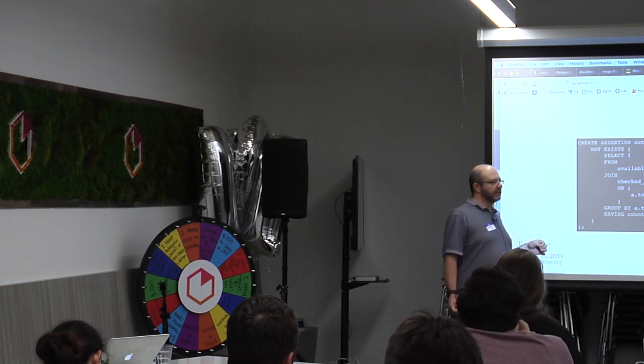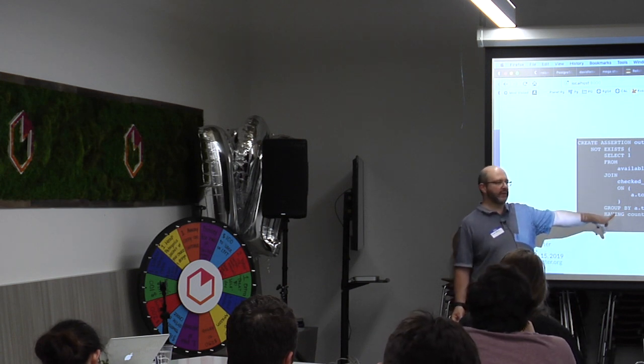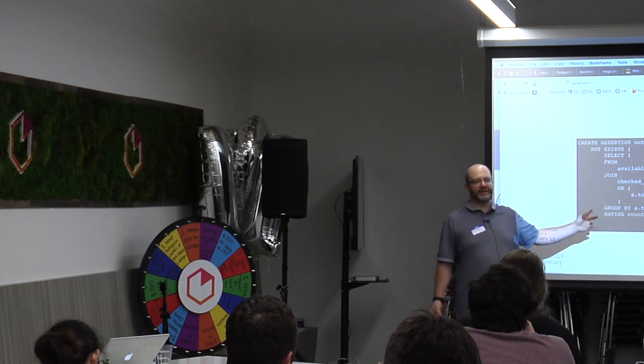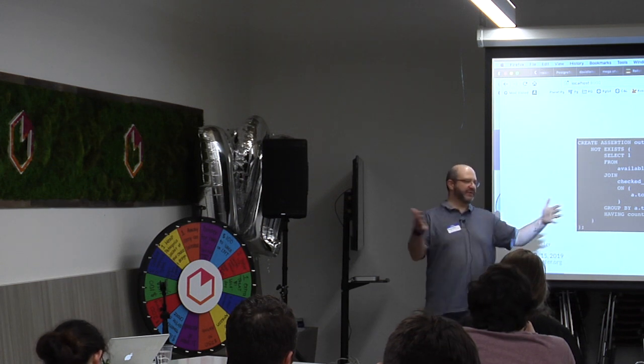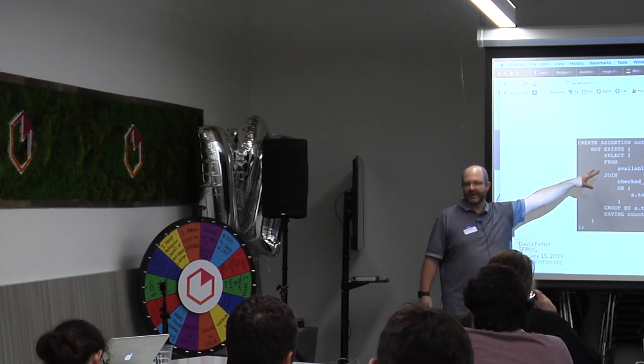Right. So you can think of it as being a little bit like a trigger that fires on writes. Writes only, because reads don't change the truth of one of these, so we don't attempt to check it.